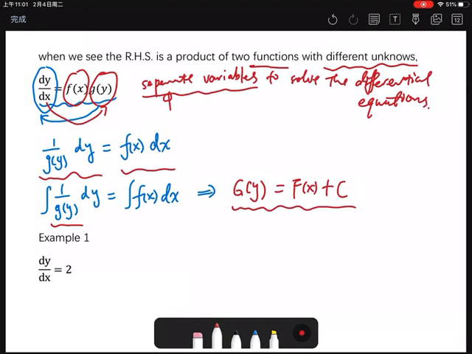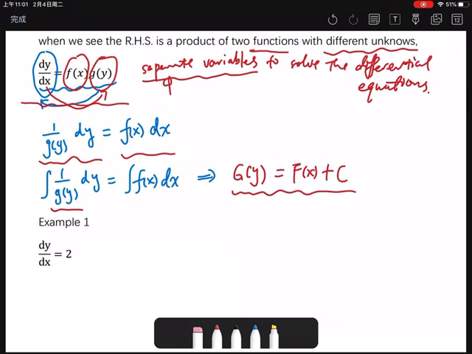So the idea is when you see a differential equation like this pattern, you can separate the unknowns on both sides. So one side is in terms of unknown y, another side is in terms of unknown x. But sometimes it may not be unknown y or unknown x, maybe unknown x or unknown t. So you can also use the same method.